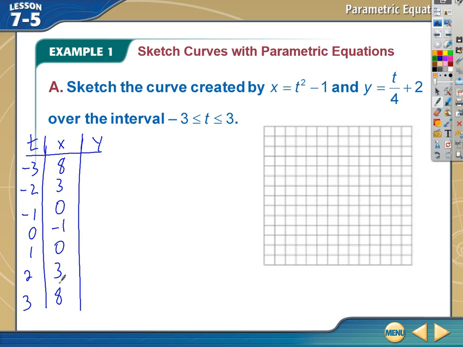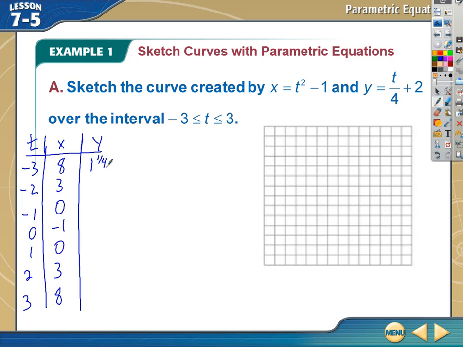Finally, we do y. Well, what about y? So again, I take the t's over here, and I put them in for y. The first one is going to be -3 fourths plus t, that's 1 1/4.